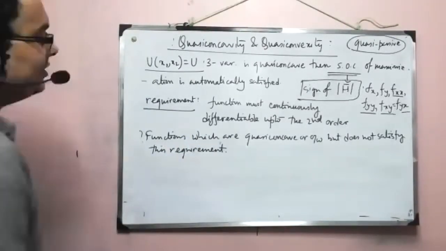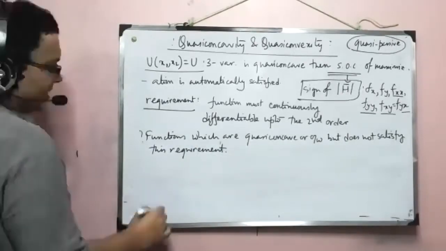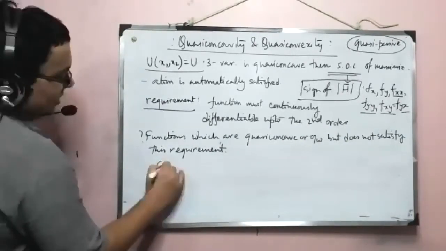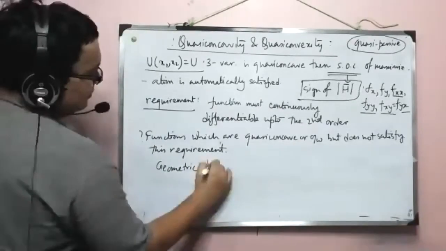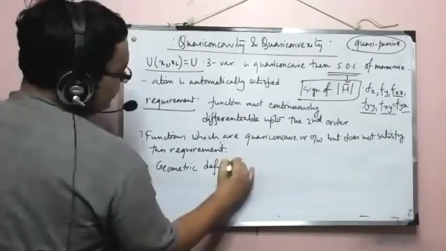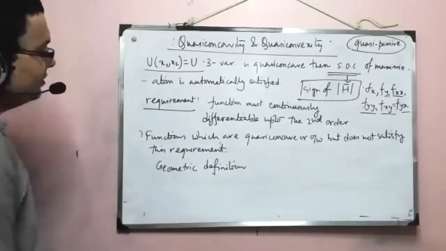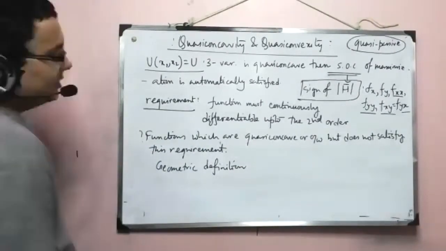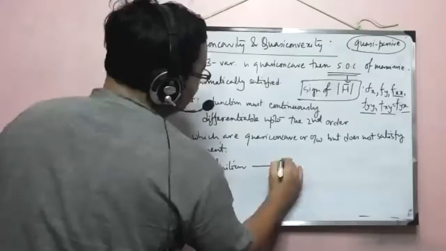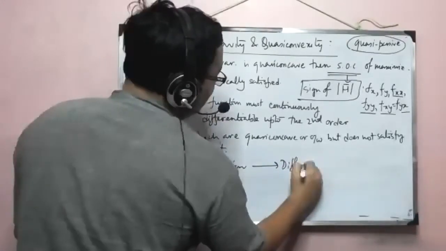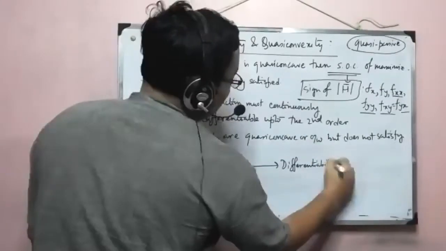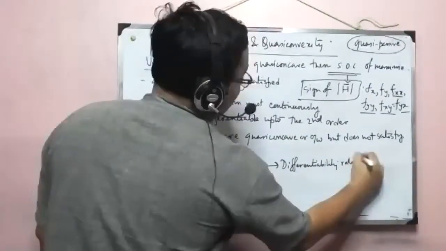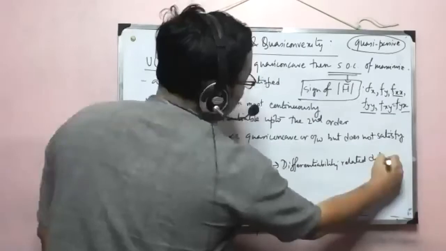First of all, we'll proceed like any other topic. We'll take a look at the geometric definition first, and then slowly we'll move into the differentiability related definition. That's how we will proceed.